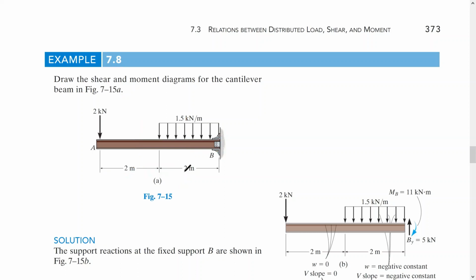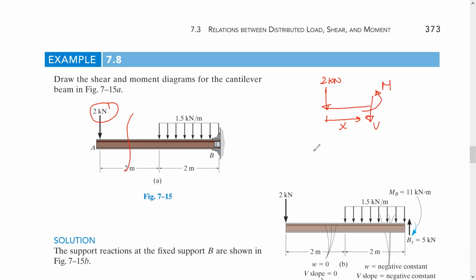Okay. And let's take the first section from here. So the section will be like this. 2 kilonewton, which is this one. And this is going to be X from here. We do have shear here. This is V. We do have a moment.